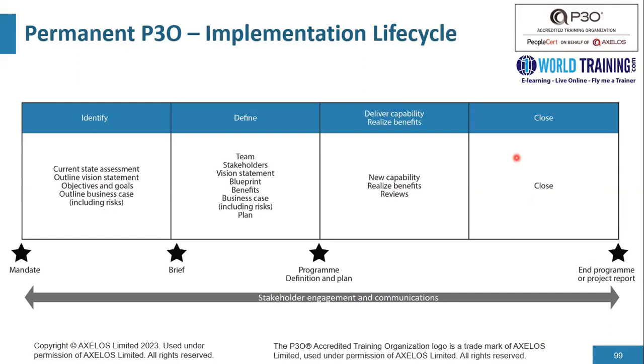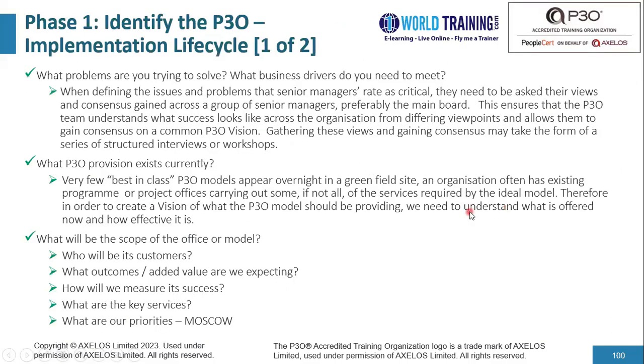Let's start off with the first phase, the identification phase. On the next slide, we have a few ideas pertaining to the identification phase. Now, in the identification phase, we would examine what problems we are trying to solve. What business drivers do we need to achieve?